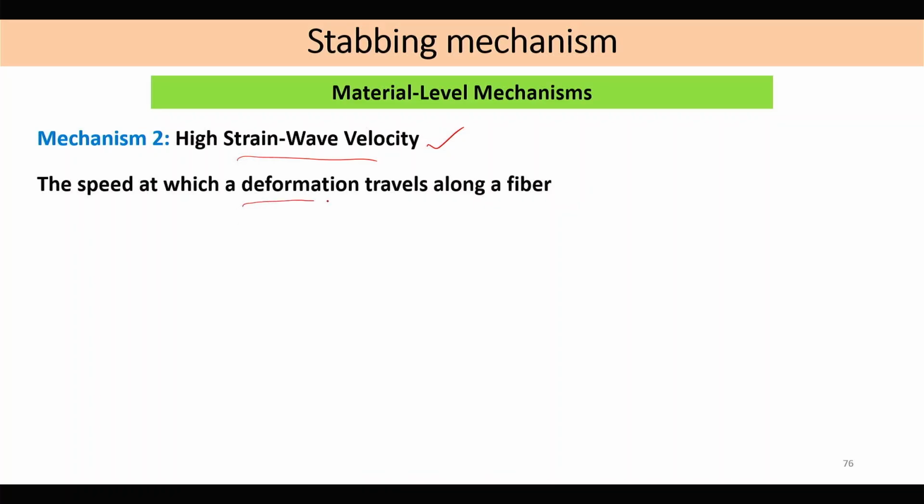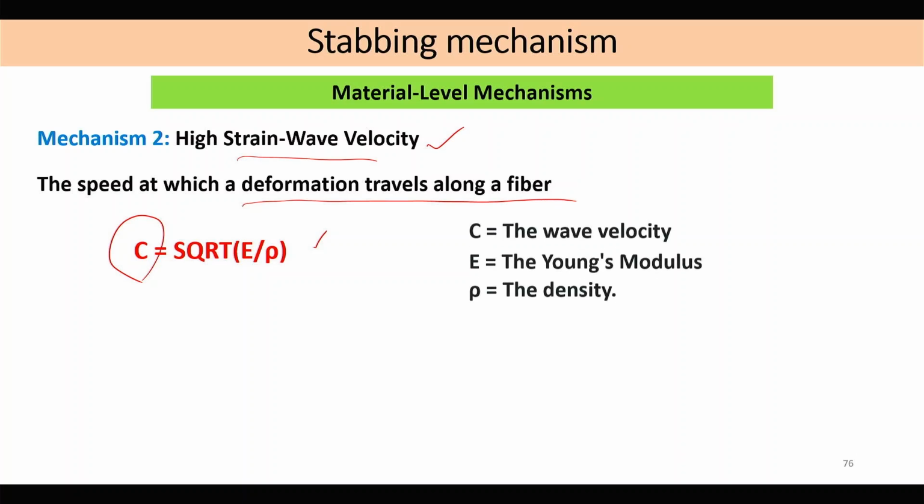It is the speed at which the deformation travels along the fiber, and we know that earlier also, in the case of ballistic protection, we have used this. This is the speed of the wave, C, the wave velocity, where E is the Young's modulus and rho is the density of the material.